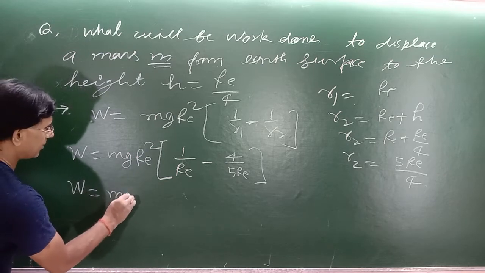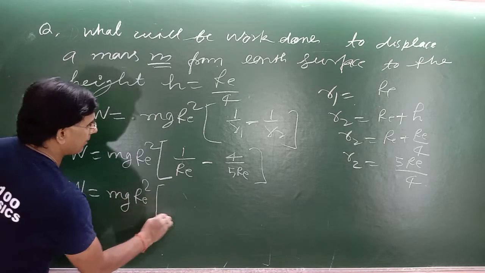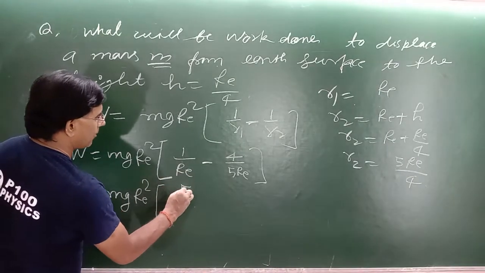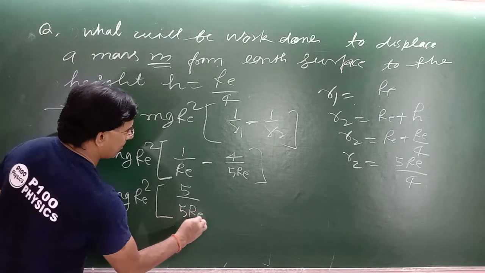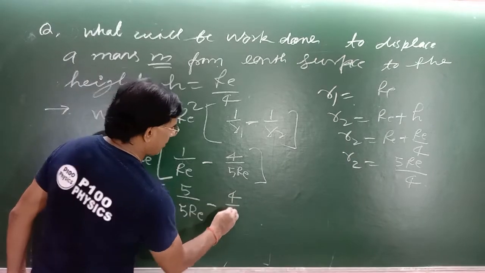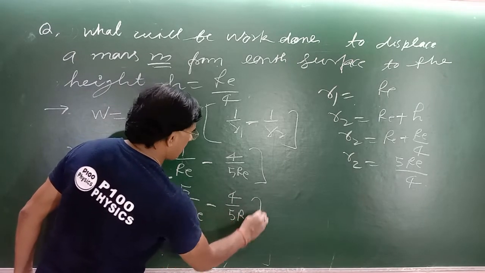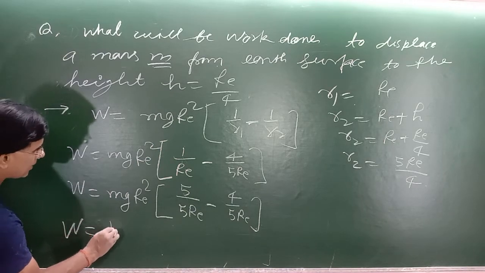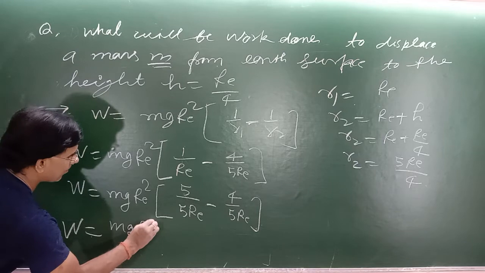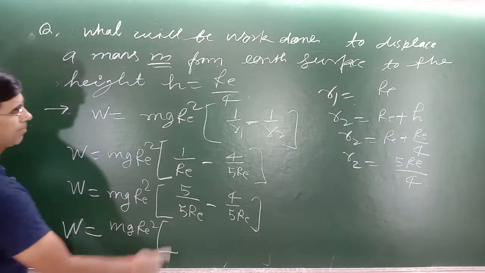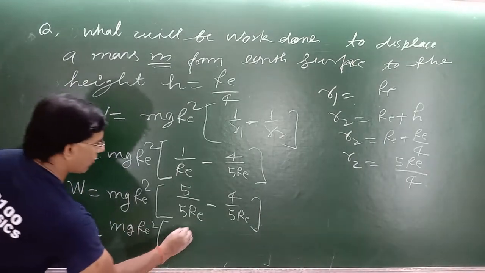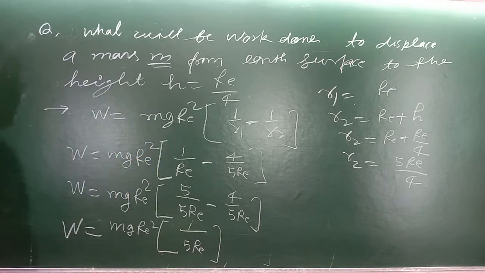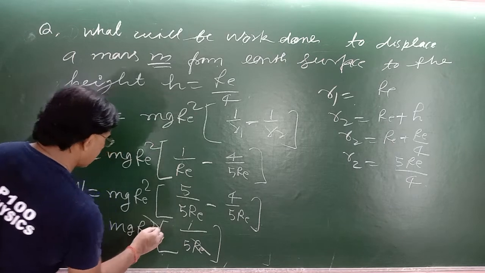W equal to mg Re square, 5 by 5Re minus 4 by 5Re. What is here? W will be mg Re square, 5 minus 4, 1, 1 by 5Re. Re cancel.